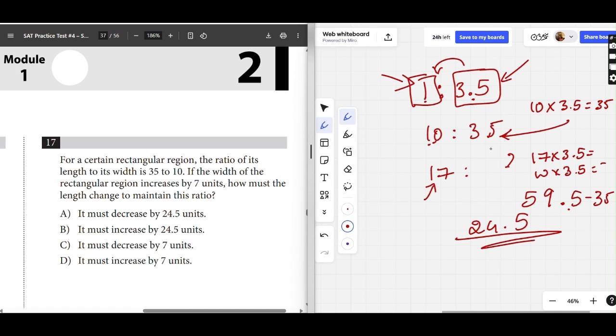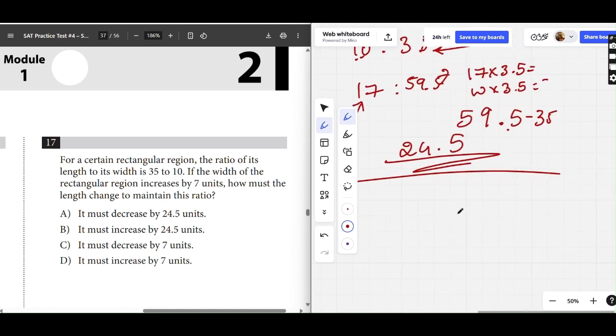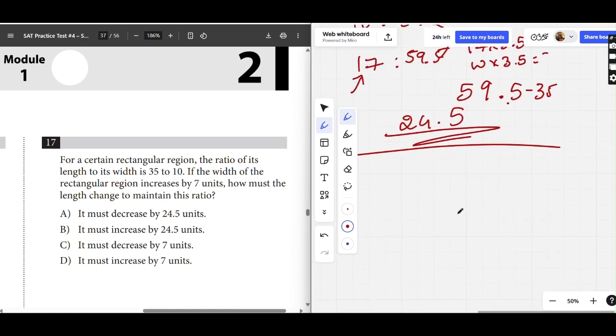So how much did the length change to maintain this ratio? It changes to 59.5, which means it got increased by 24.5 units. So that's the option B. That's what it says, how much one thing is related to another thing. Width is 1 means the length is 3.5 of the width.